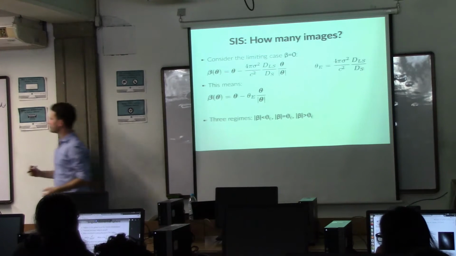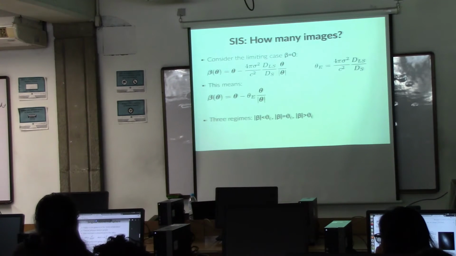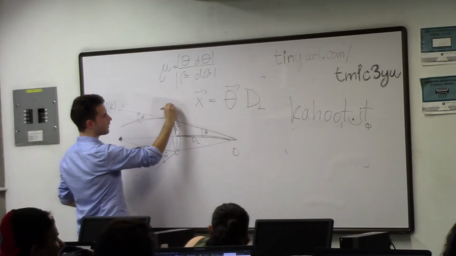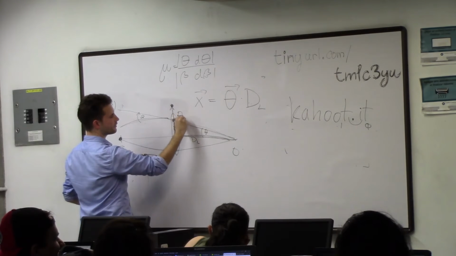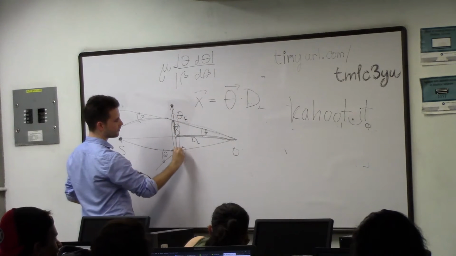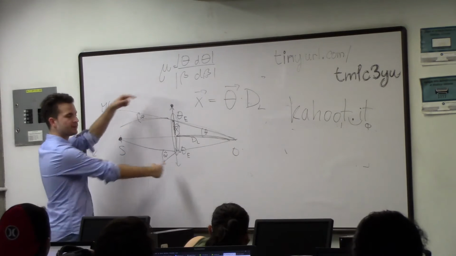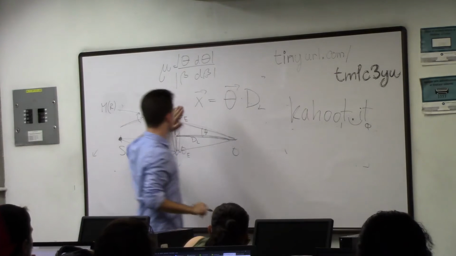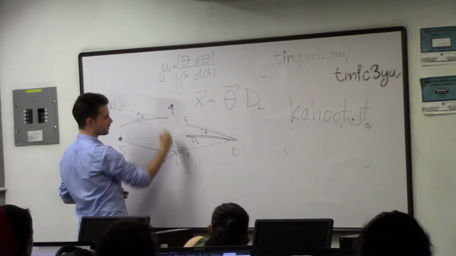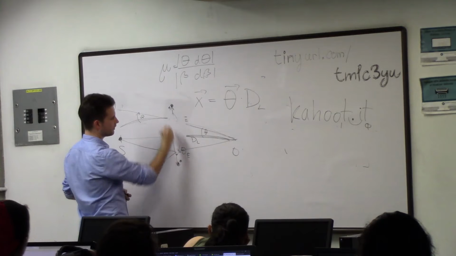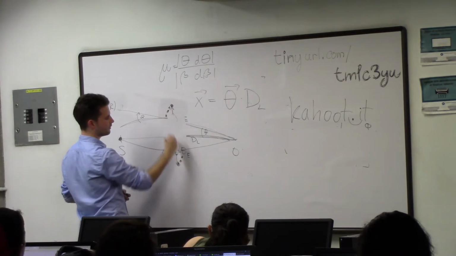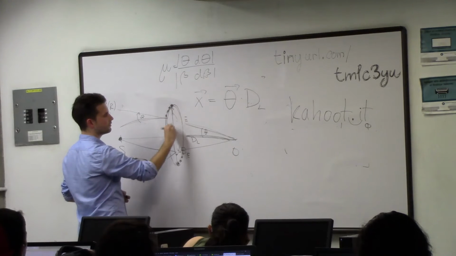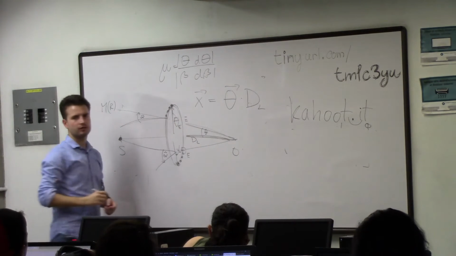And what that means in principle is, for a source perfectly behind the lens, you form one image at the Einstein radius, one image at minus the Einstein radius, but because of the circular symmetry, you can rotate this by any angle, and you form this very nice ring in the sky with the radius called the Einstein radius.